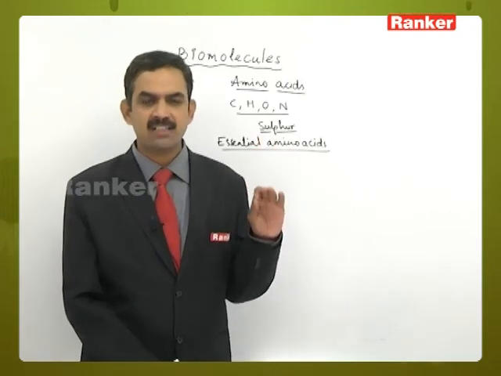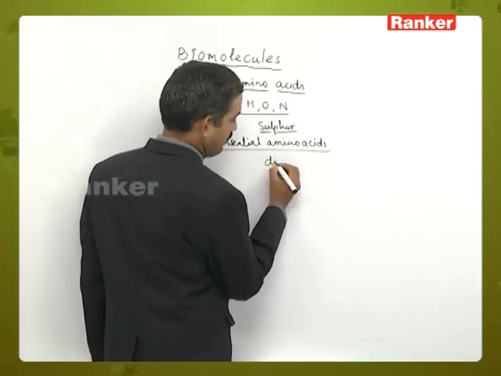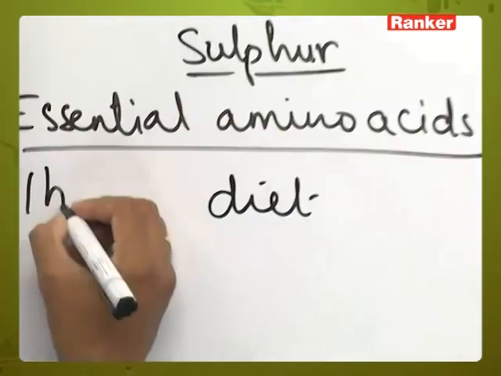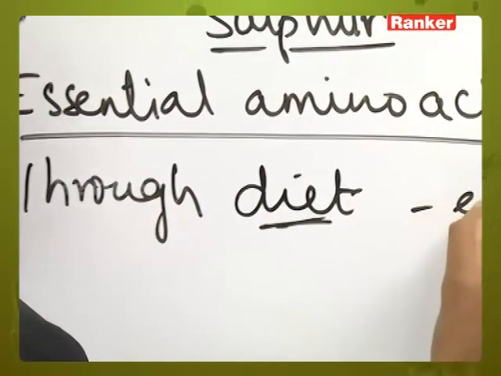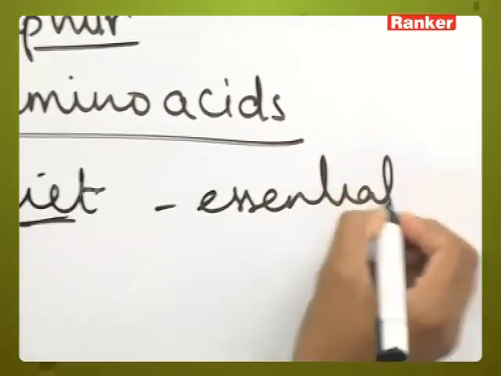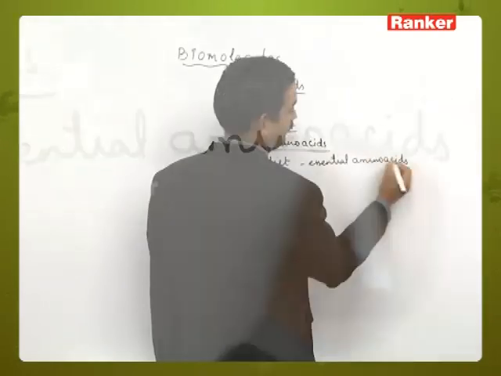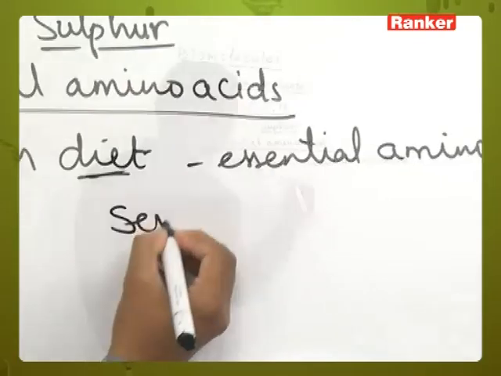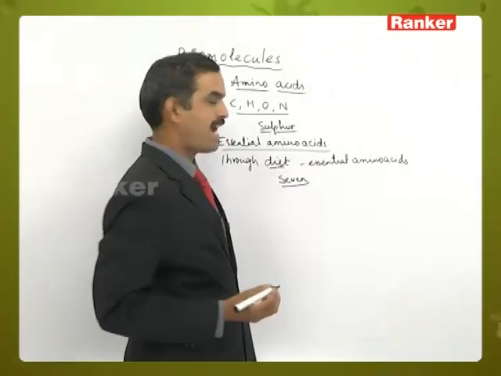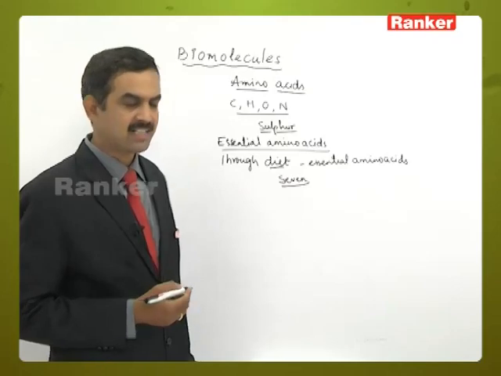They get them in the form of diet. There are 7 such essential amino acids derived from plant sources by the animals, which are required for their metabolic activities.